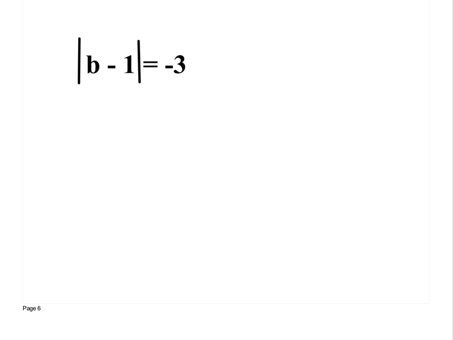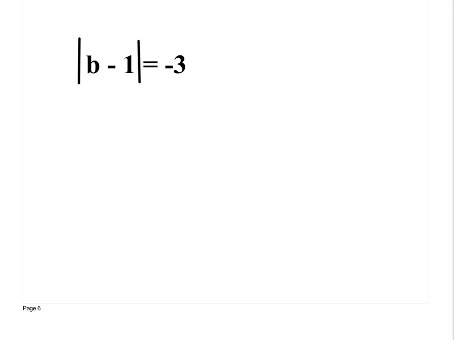How can you get an absolute value of negative 3? Positive. You can't. Absolute value always gives you what answer? A positive answer. So how in the world, when you subtract 1 from b and take the absolute value of it, do you get negative 3? Can you do that?